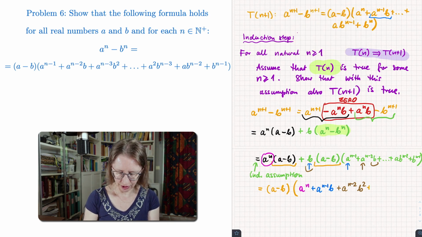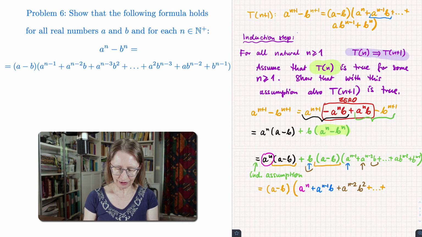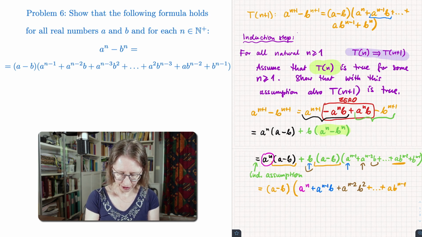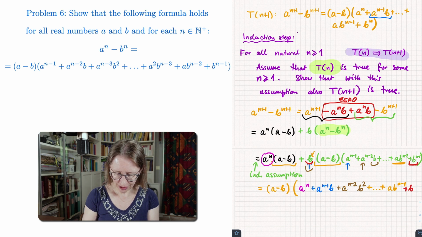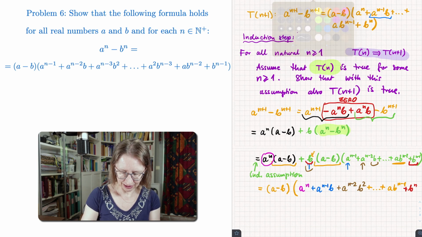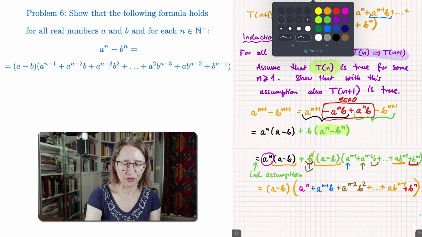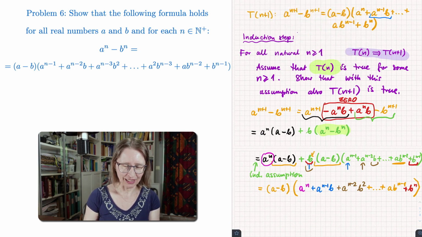And at the end we will have b^(n-1) coming from this one multiplied by b, and the very last, because it's just the last one, b^(n-1) times b gets me b^n. And this is exactly what I was supposed to get. This is exactly my T(n+1), which is standing here in my iPad above.